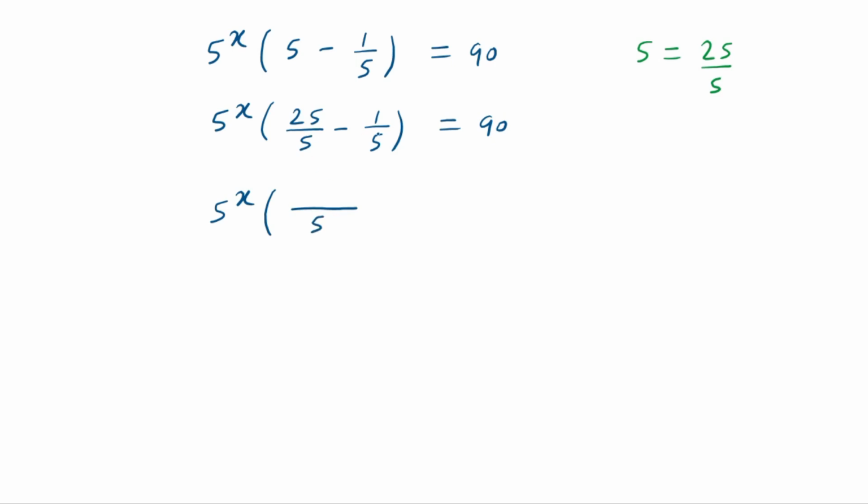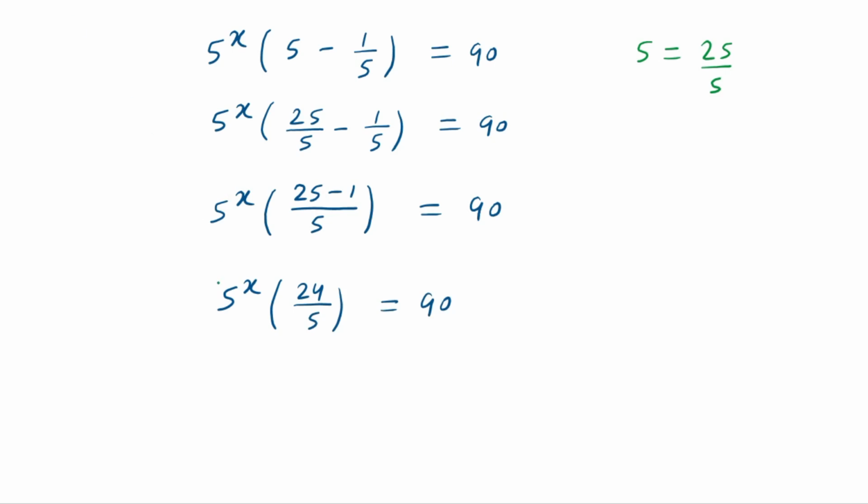In the numerator we take the difference, so we can write here 25 minus 1. 5 power x times 25 minus 1 is 24 over 5, and this is equal to 90.